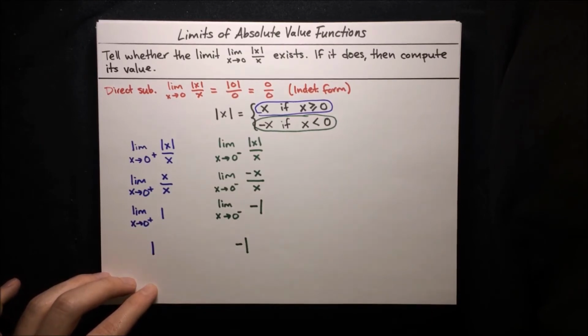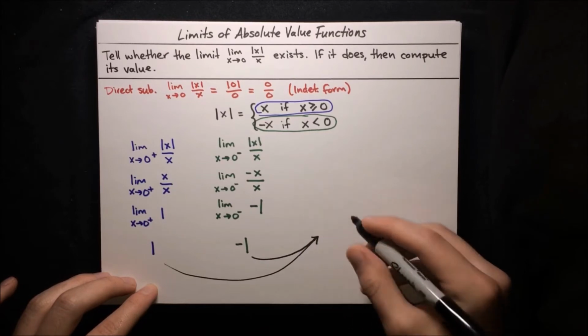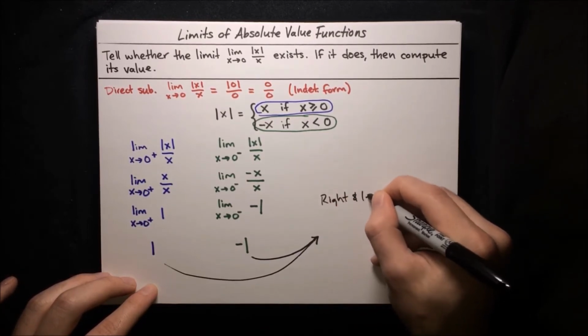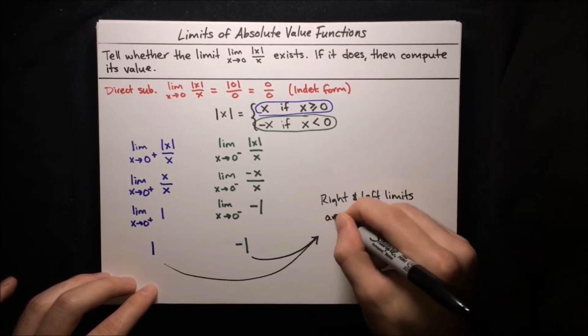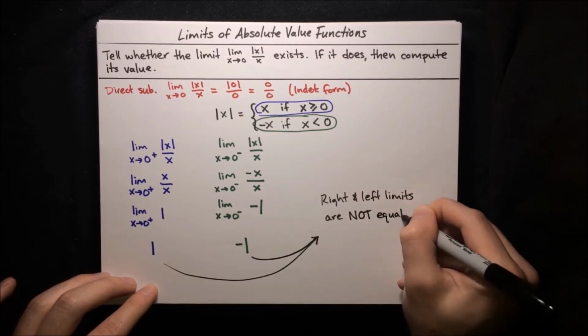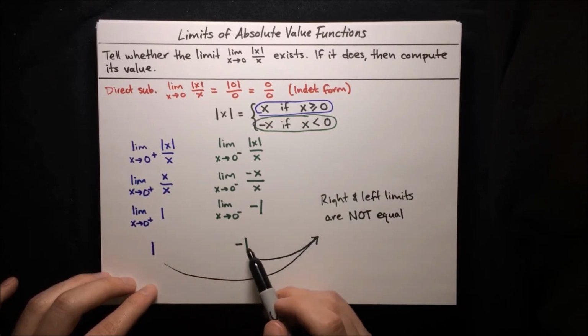So interpreting our results here, we see that the right and left limits are not equal. The limit from the right is 1, whereas the limit from the left is -1.